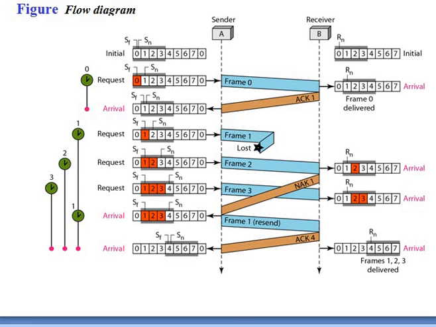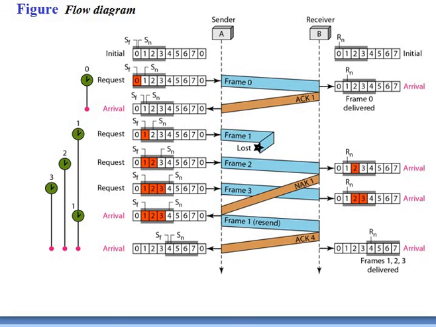Here in this diagram, a flow diagram is shown for selective repeat ARQ. Each frame sent or resent needs a timer, which means that the timers need to be numbered 0, 1, 2 and 3. The timer for frame 0 starts at the first request but stops when the acknowledgement for this frame arrives.